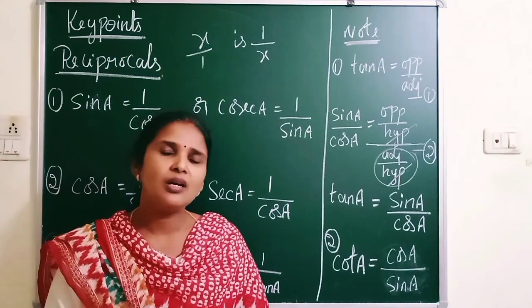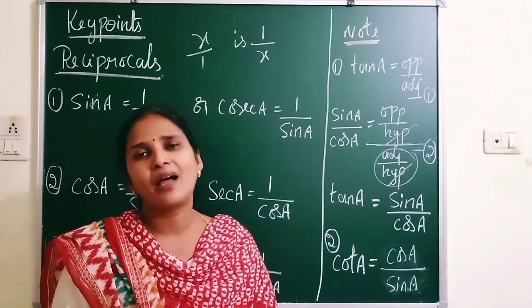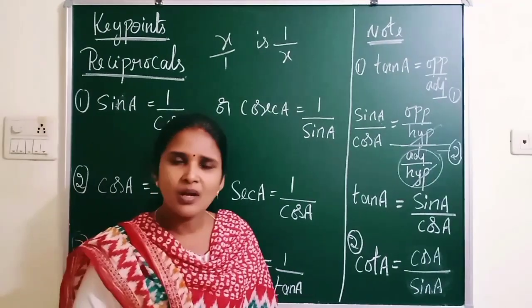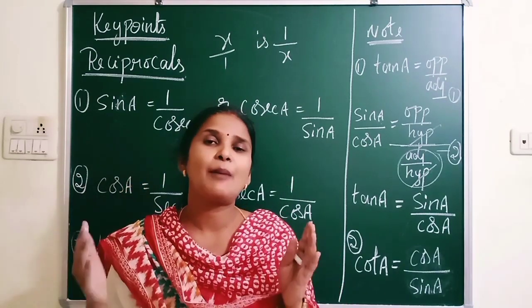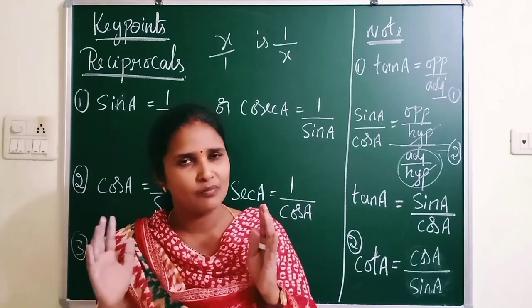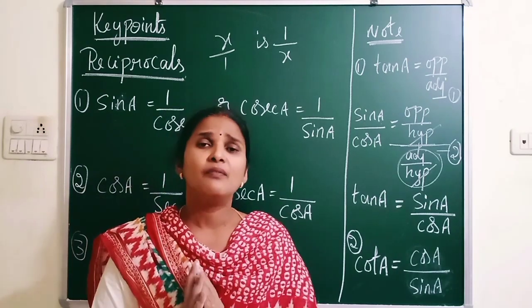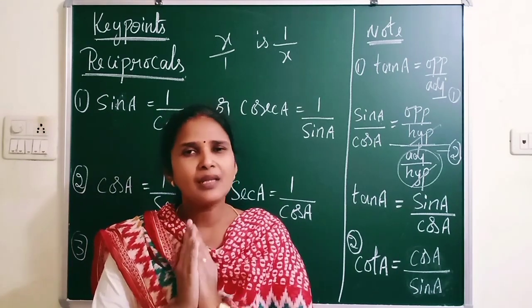We also learned where we apply it. I didn't tell you the applications now. There are many more applications which you are going to learn in another chapter, the applications of trigonometry. It is a very interesting chapter where we learn all the live examples.